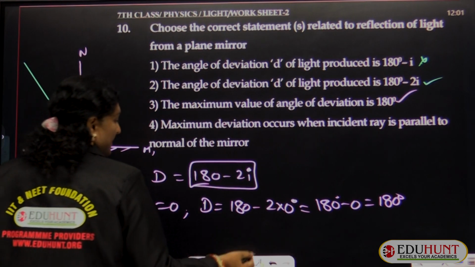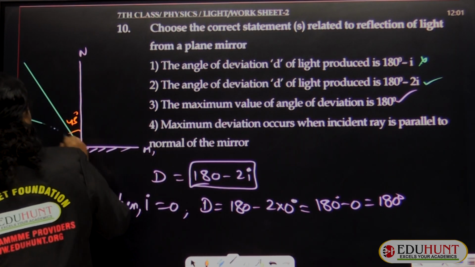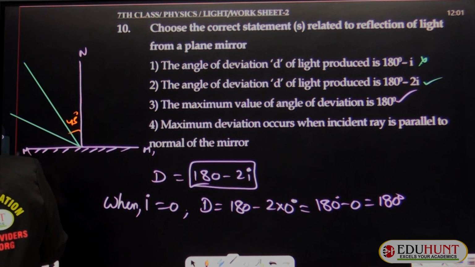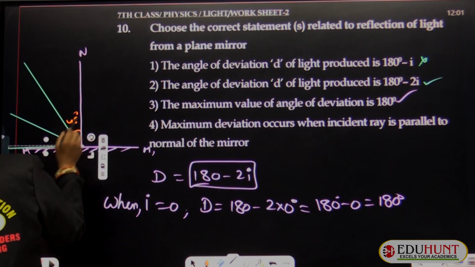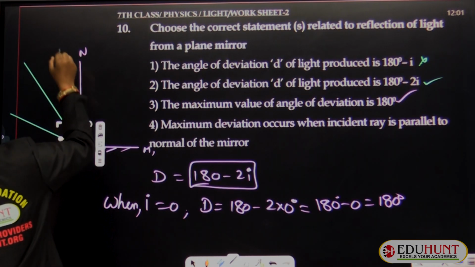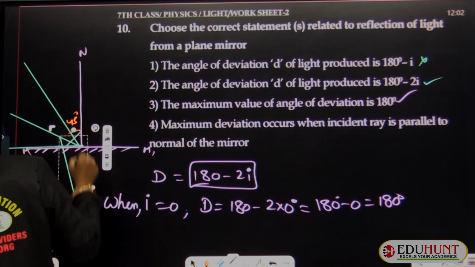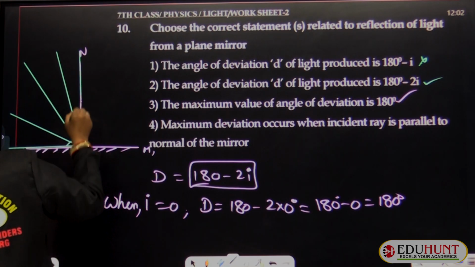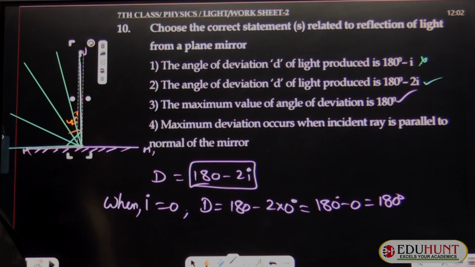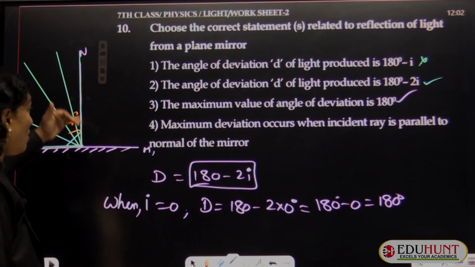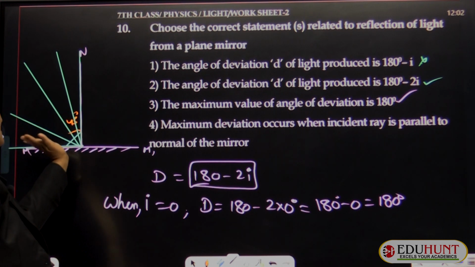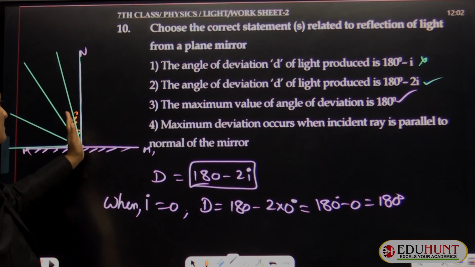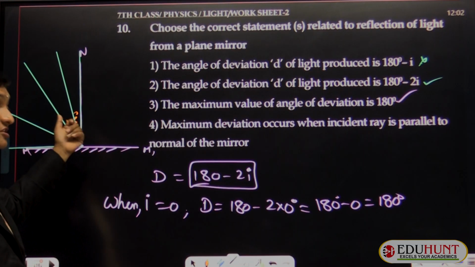The light ray can even be sent like this, making an angle of 60 degrees. The light ray can be sent like this, 90 degrees. Even here, here, here and many directions. But if the light ray is sent along the normal, the angle must be equal to 90, 60, 45, 30 and here 0 degrees.